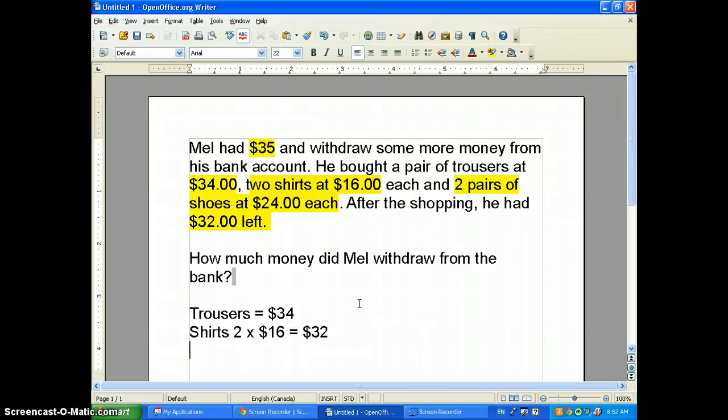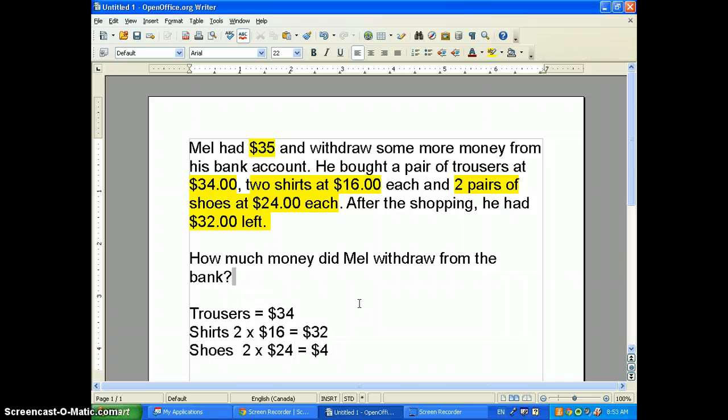And then he bought 2 pairs of shoes, 2 times 24. 24 times 2 is 48.